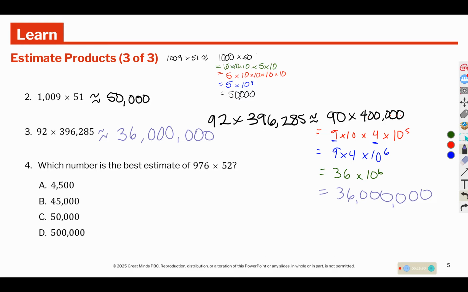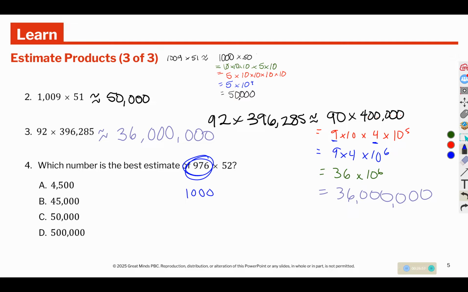Number 4 asks, which number is the best estimate of 976 times 52? Well, this is approximately 1,000. It's closer to 1,000 than it is to 900.